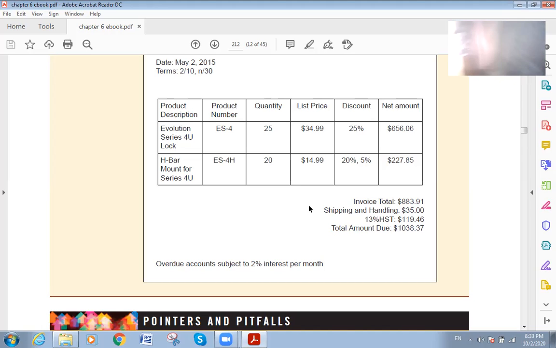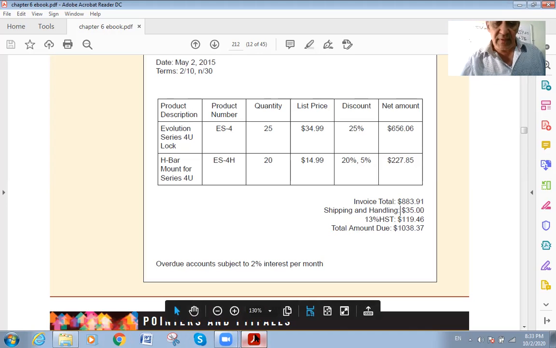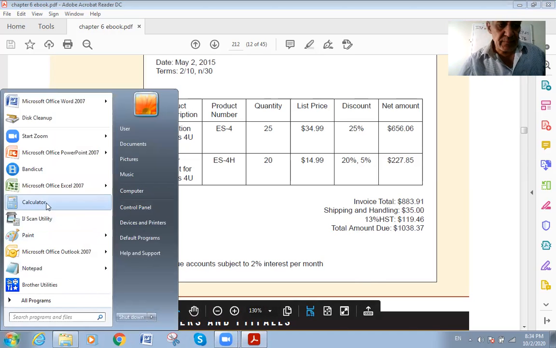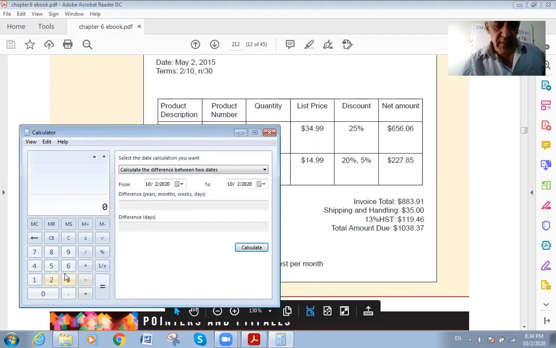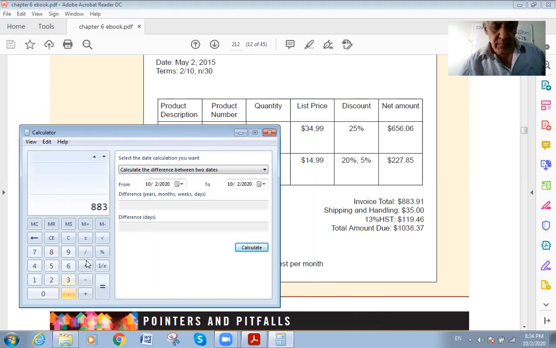So I will first add 883.91 plus 35, which equals 918.91.